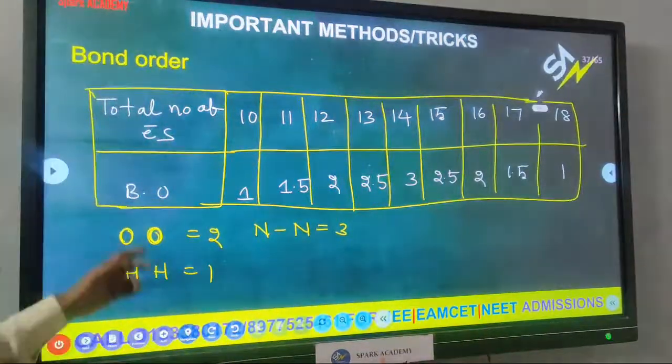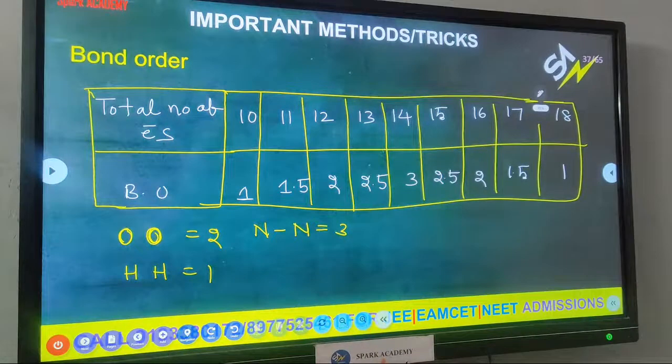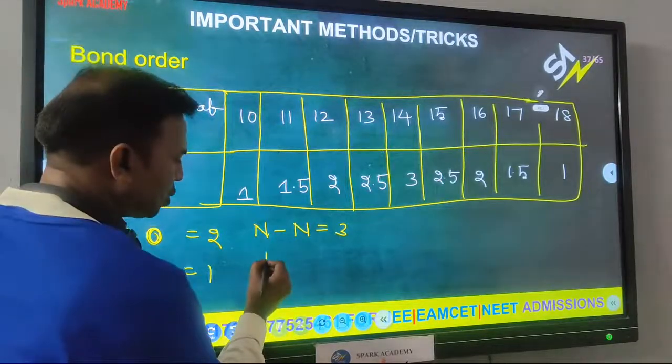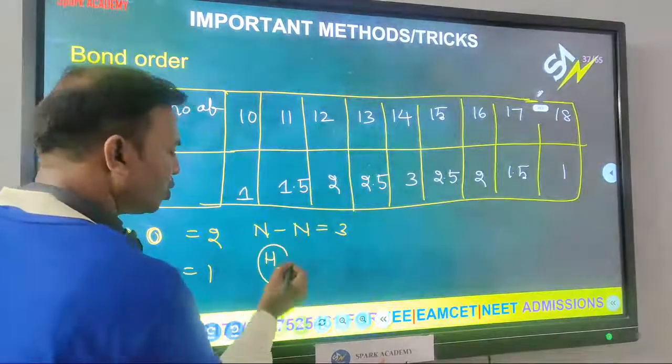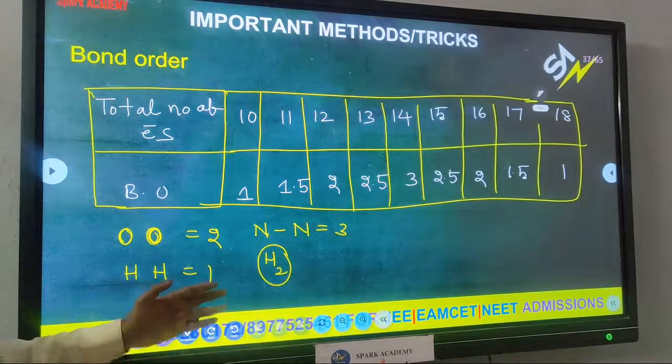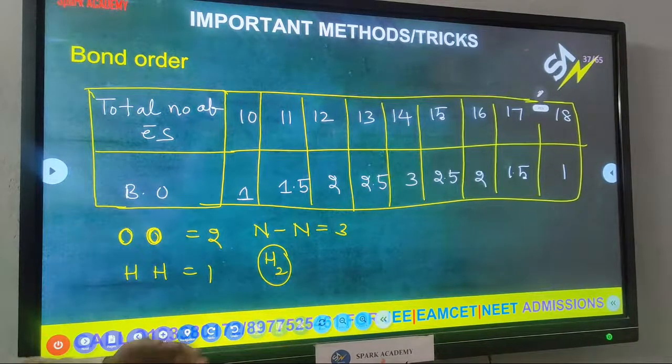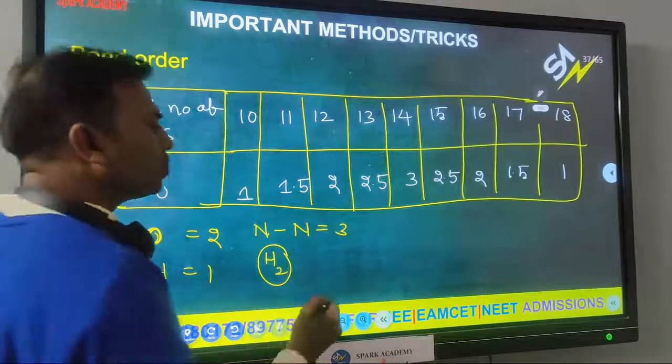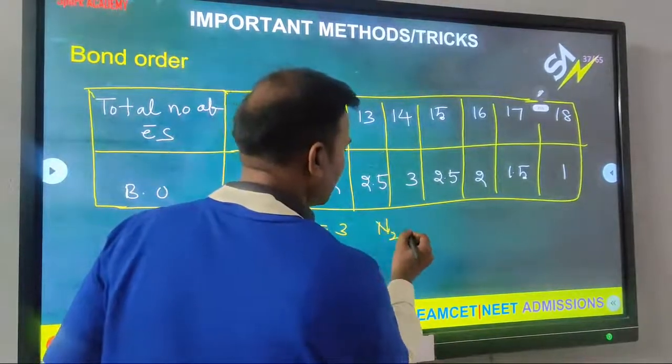Now, according to our table, we check. First, we take H2. In H2, how many total electrons are present? Hydrogen 1, hydrogen 1, so it is easy. Bond order is 1. Now we take N2.